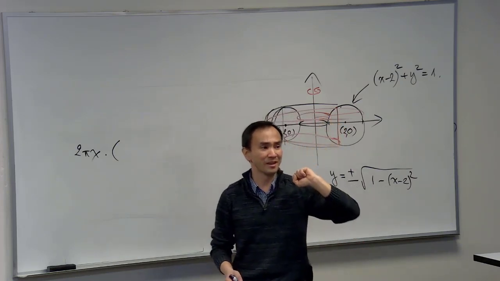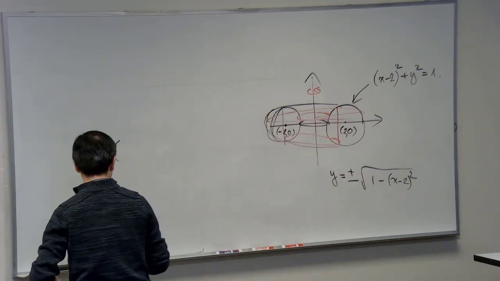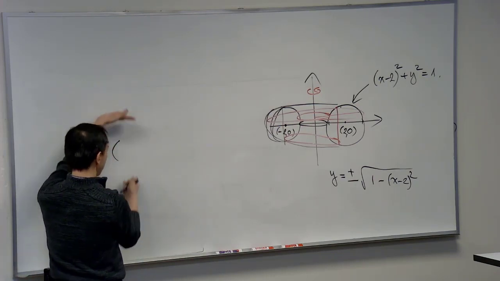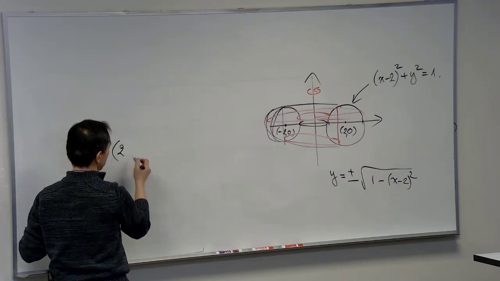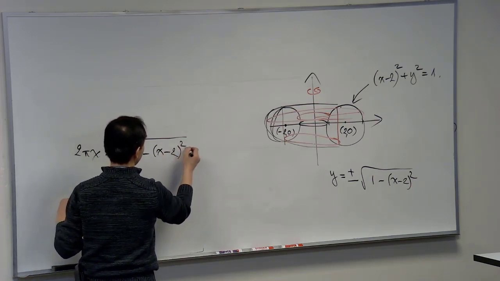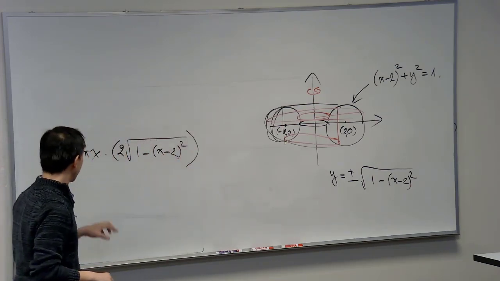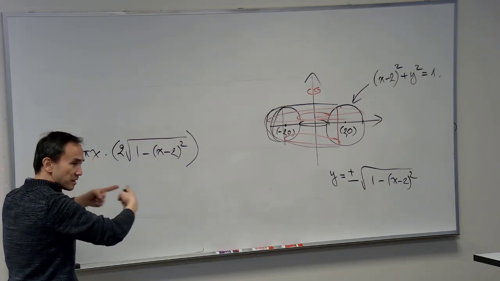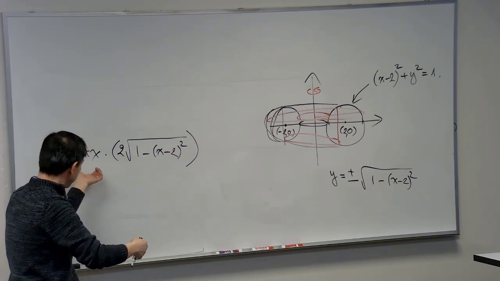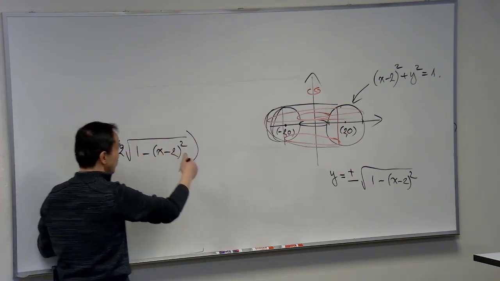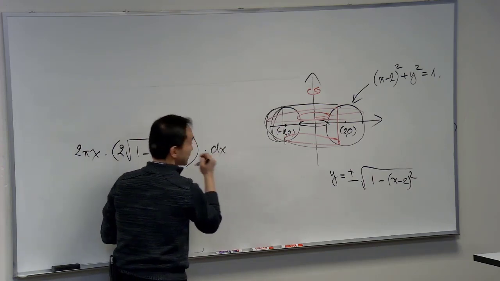And so in that way, when you're taking the height of your shell, it's going to be 2 times that square root of 1 minus (x minus 2) squared. So the length of the shell, the circumference, multiplied with the height gives you the lateral area, and we multiply with the thickness dx here, right?